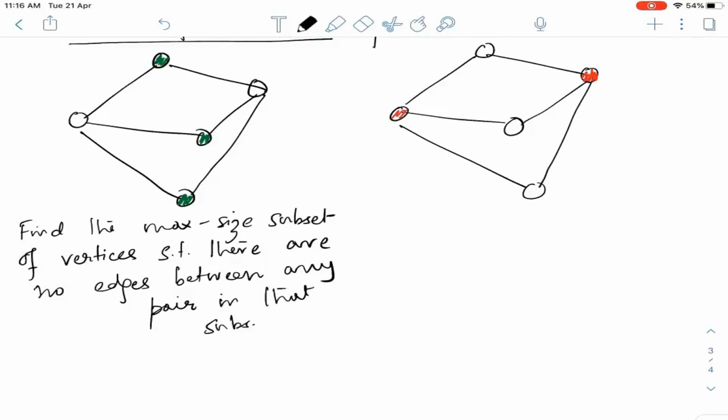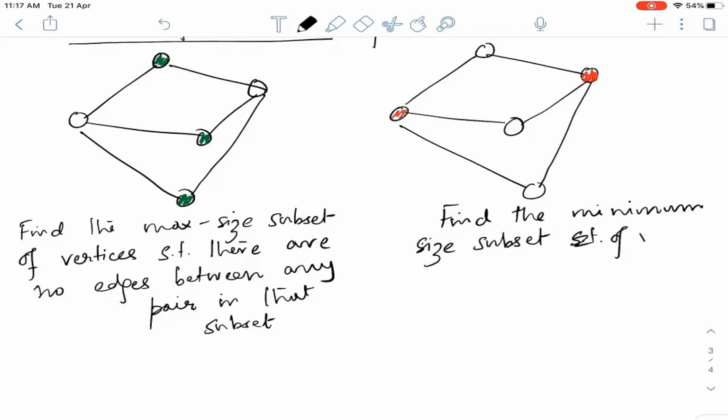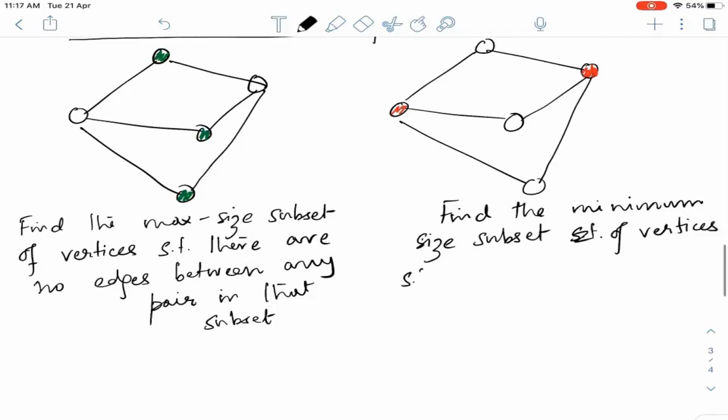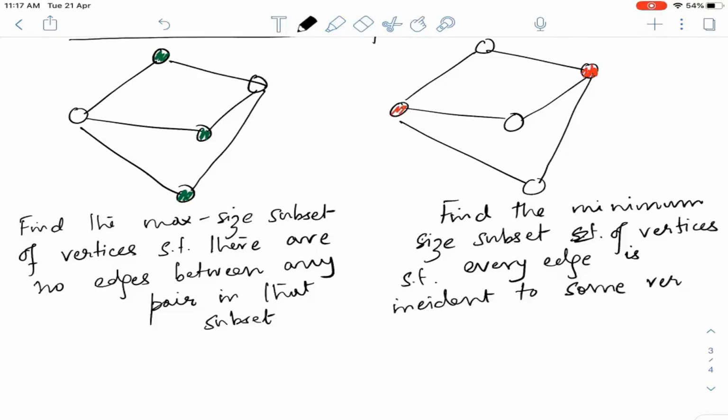And this is: find the minimum size subset of vertices such that every edge is incident to some vertex. That's it.